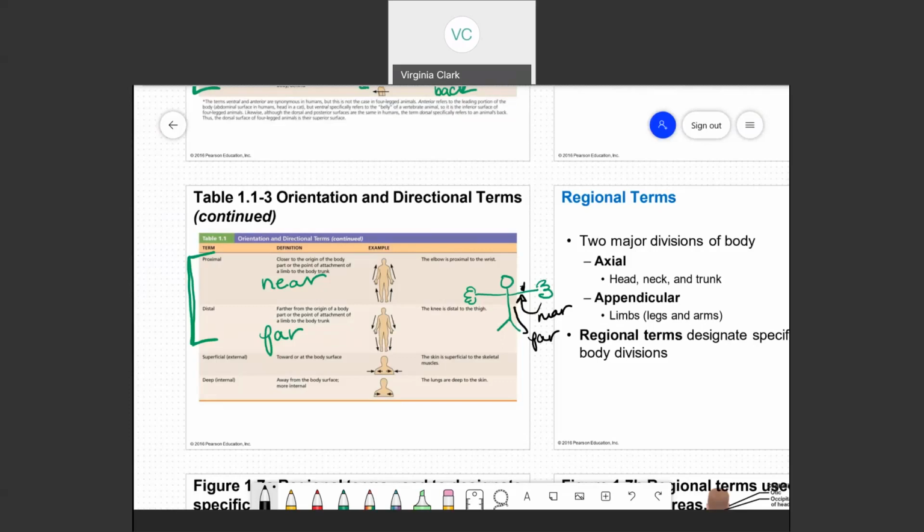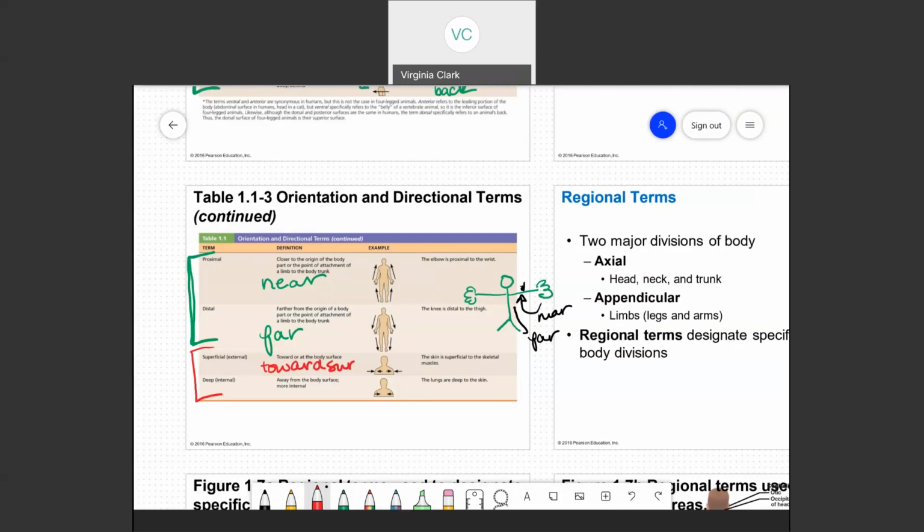And then the last two are going to be superficial and deep. And these are referring to internal and external. So superficial, I like to pull out the great 2000s movie Mean Girls, and we've got the plastics. They were all about the external. They were superficial. So with superficial, it is going to be toward the surface.